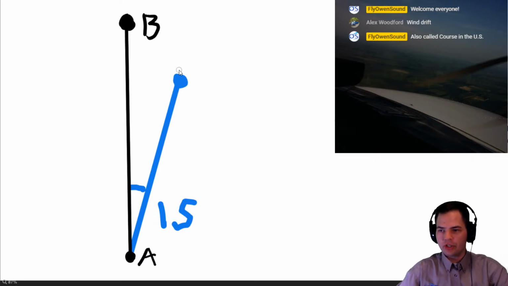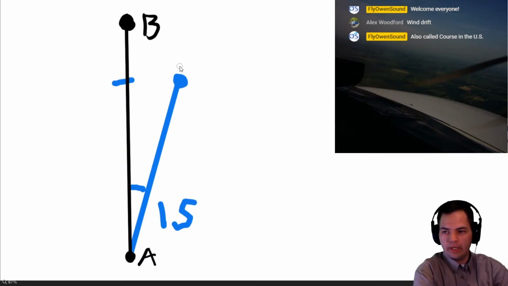If I double that track error, the problem is if I subtract 30 degrees from my heading, I will get back on track after flying this distance again. And the problem is that's more than it will take to get to my destination.